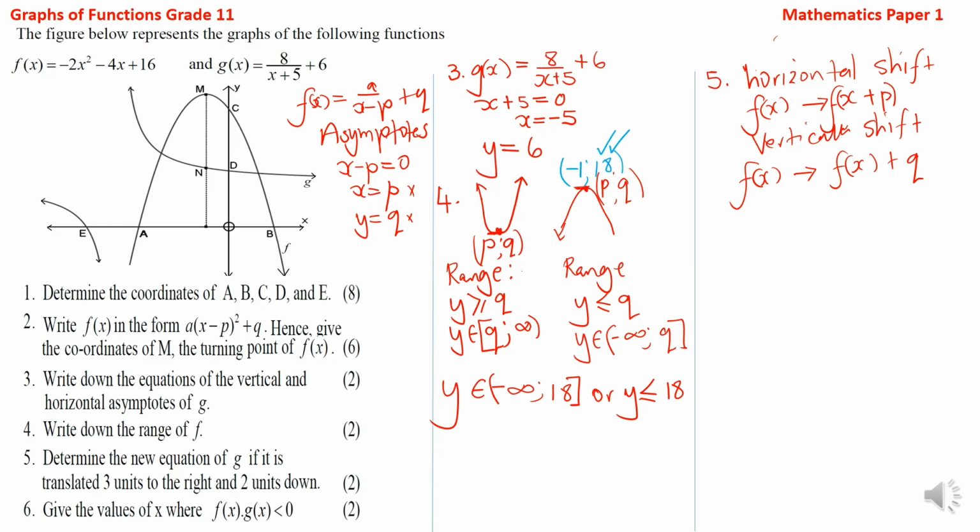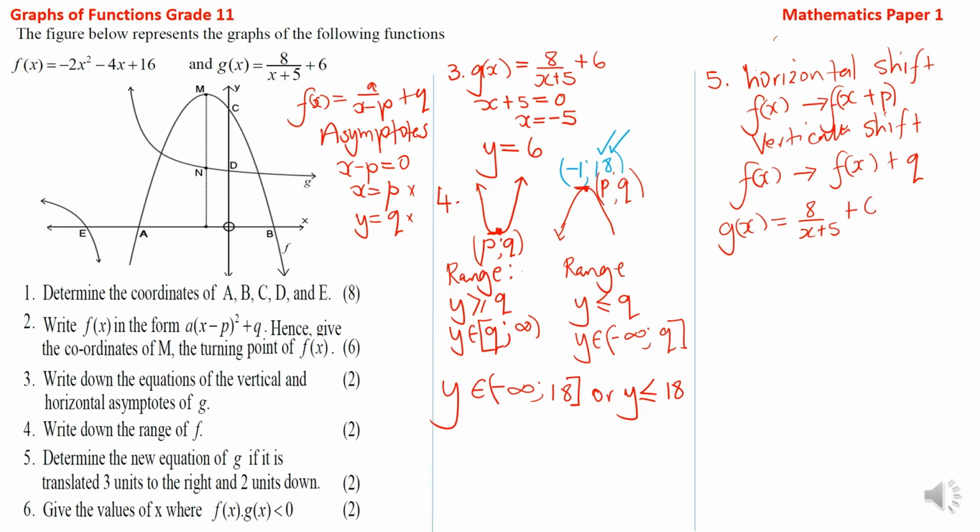So these are the two shifts: horizontal shift and vertical shift. Now let's look at question number 5 and see how this affects the equation. So the equation of g of x is given as 8 over x plus 5, then plus 6.